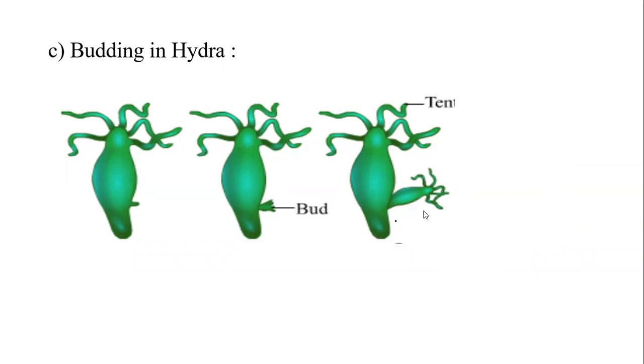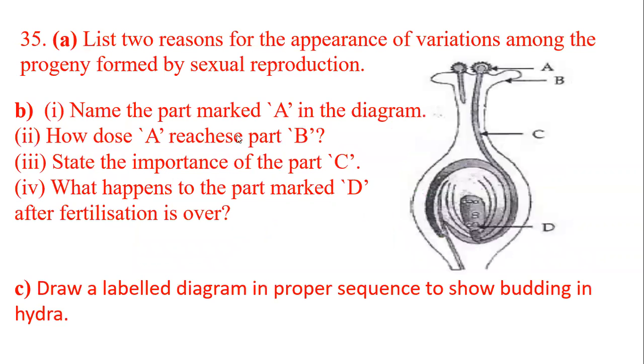After it matures and is properly developed, it gets separated from the parent and individually develops as a new hydra. Okay, this is the sequence you can draw in this manner. Practice it well.